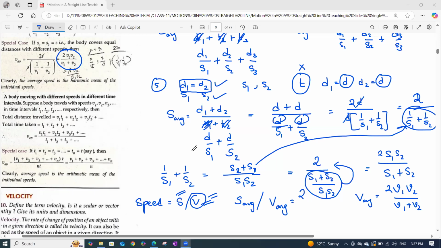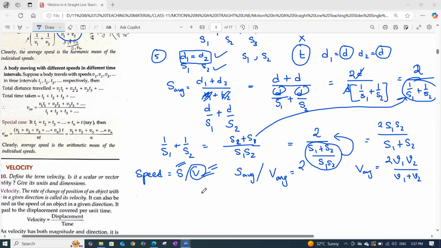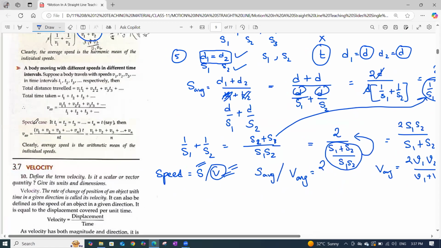Then another condition. Consider a body moving with different speeds in different times. Now, what will be the formula? We know speed is equal to distance by time.